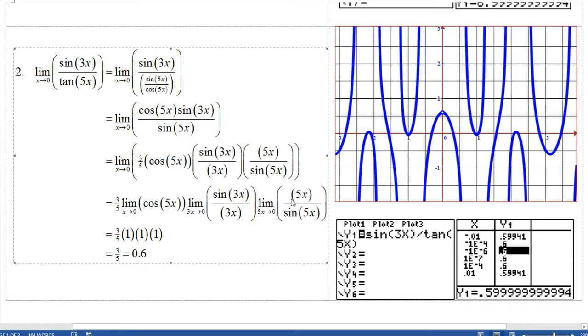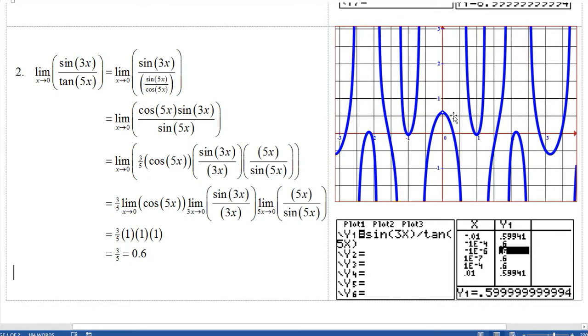And this is upside down from that, but the limit's still 1. This is sine of another letter, say w over sine of w as w goes to 0, and that's also 1. So all those 1's multiply together to be 1 times 3/5 is 3/5. 3/5 in decimal form is 0.6. And so the limit is 3/5 or 0.6 if you prefer decimals.